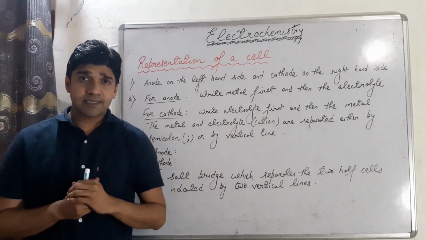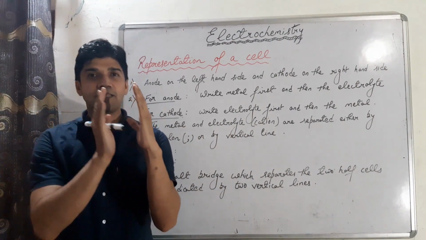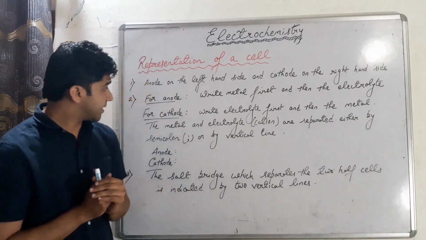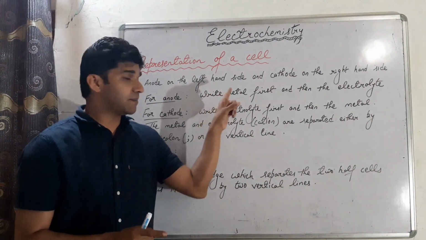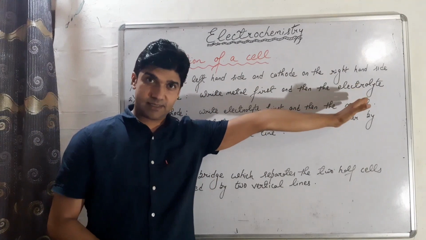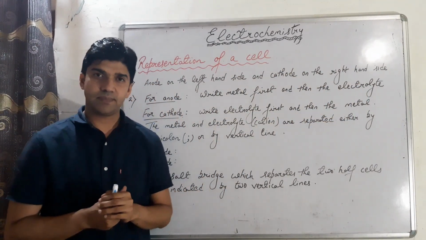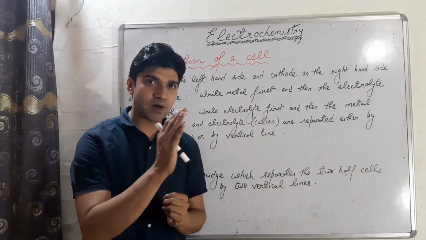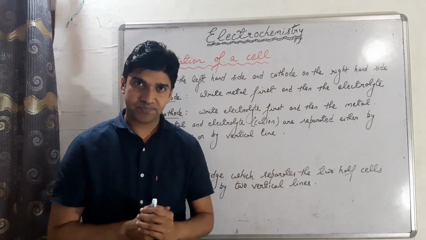First convention is that we should write anode on the left side and cathode on the right side. That's the first point. Second, for anode, first write the metal and then the electrolyte in the form of cation. Clear? For anode, first of all write the metallic form and then the electrolyte cation.